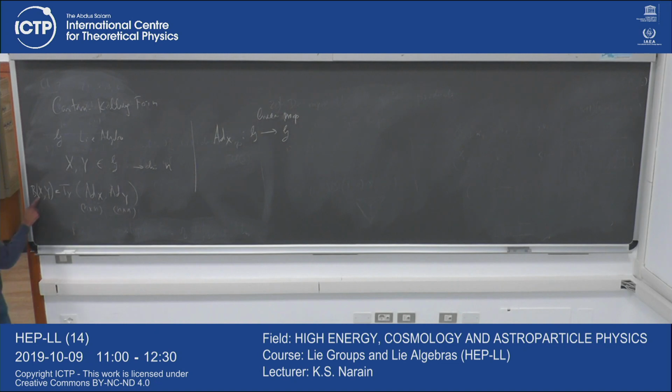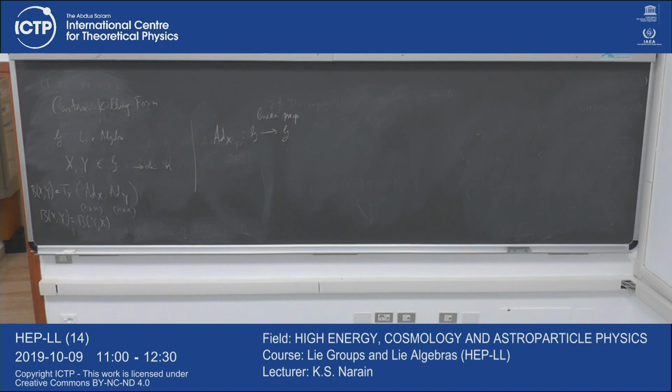Immediately you see one thing, that this is symmetric in X and Y, as an inner product should be. If you exchange X and Y, this is ad Y ad X, but the trace is cyclic, so you can move it back again. So B(X,Y) is the same as B(Y,X). So it is symmetric.